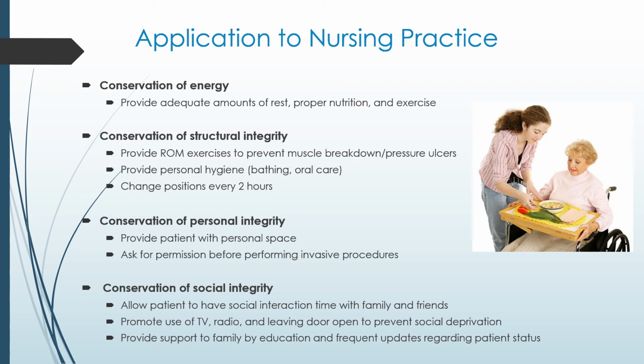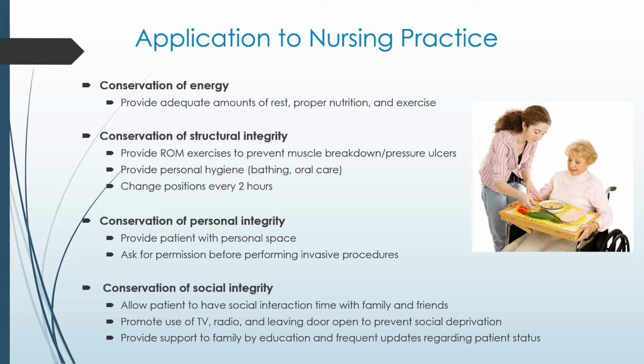Personal integrity is really just respecting their personal space and allowing them to have that personal space, and making sure to ask permission before you perform those invasive procedures, because we all know some patients can be sensitive to those types of things. And then conservation of social integrity, that is the social interaction time with family and friends.